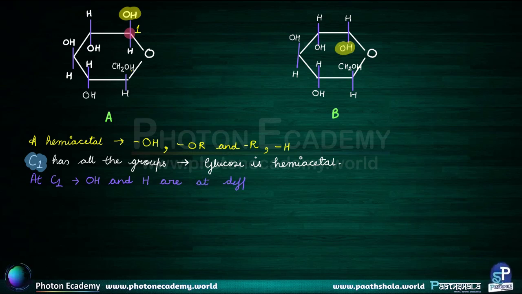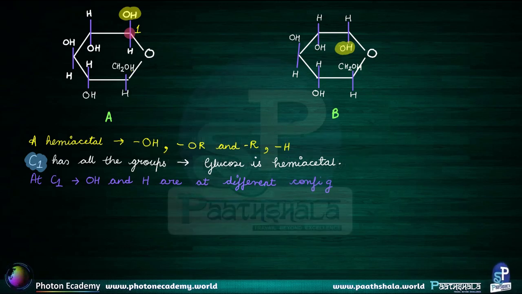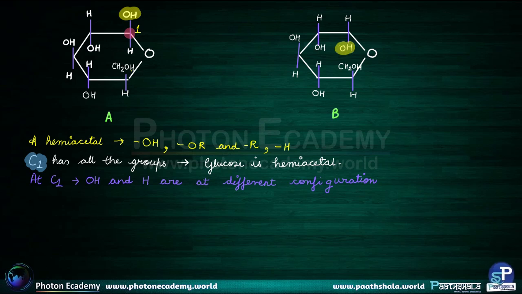And if you remember, there's one topic that we did called diastereomers, and inside that topic there was a subcategory known as anomers, where only one carbon was differing in the configuration and the rest of the structure looked exactly similar.